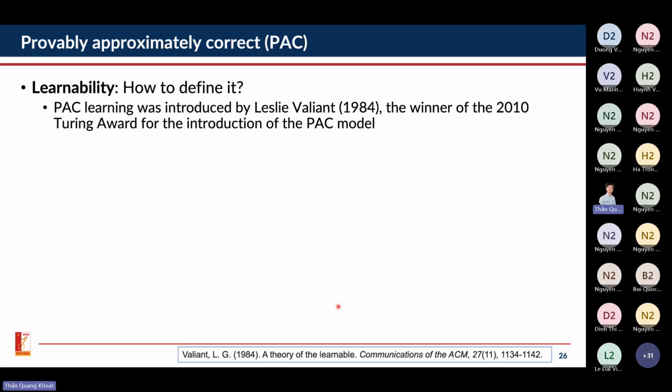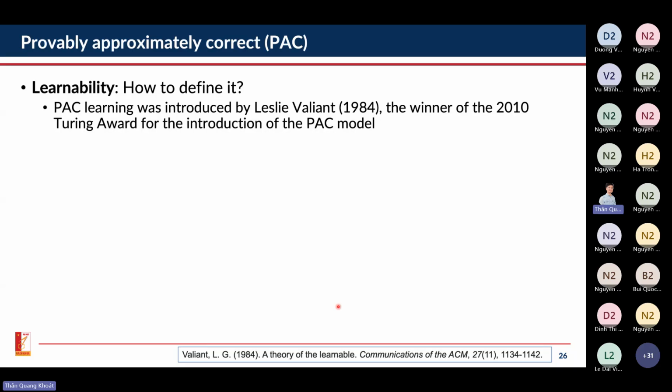Okay, so let's return to a very basic concept in machine learning. It is learnability. The keyword is very natural, right? Learnability. What is learnability? How to formalize that?